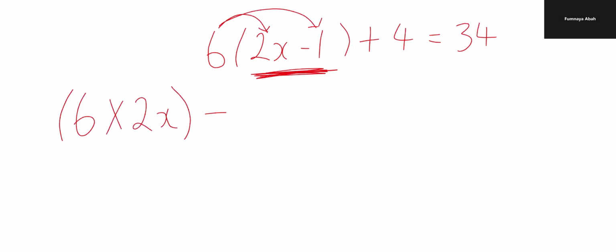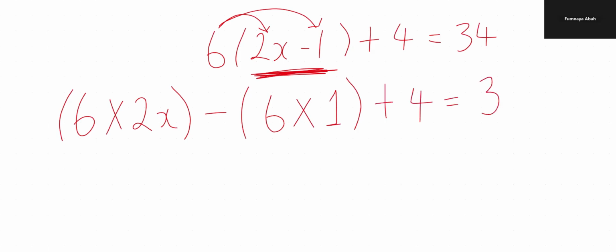And then 6 will multiply the second term in the parentheses, which is 1. So we have 6 times 1. And then we have plus 4 is equal to 34. So simplifying this, we have 6 times 2x, and that's equal to 12x. So 12x minus 6 times 1 is equal to 6, plus 4 is equal to 34.